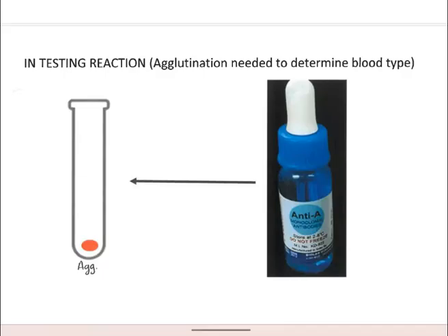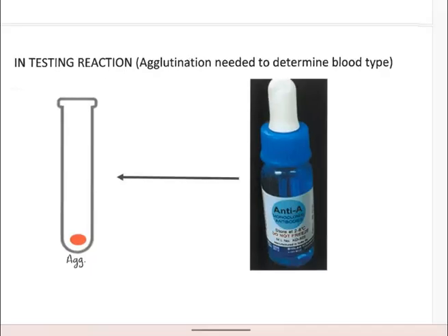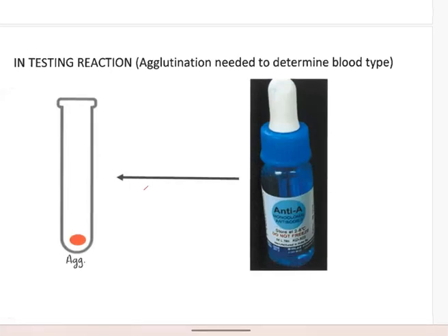We have a tube here with patient red blood cells in it.